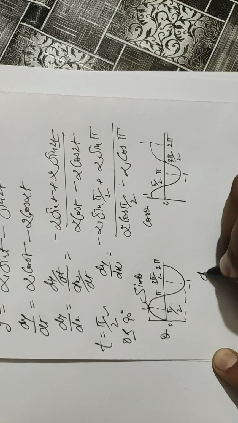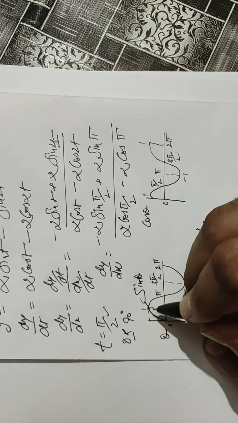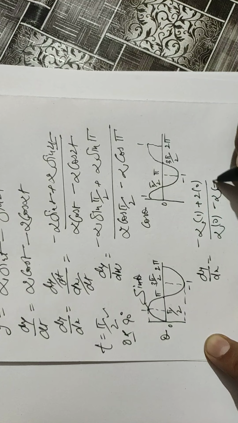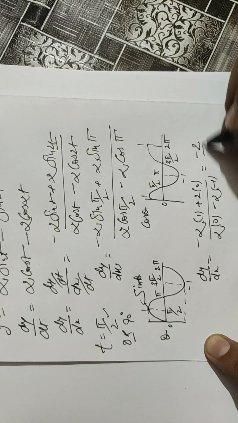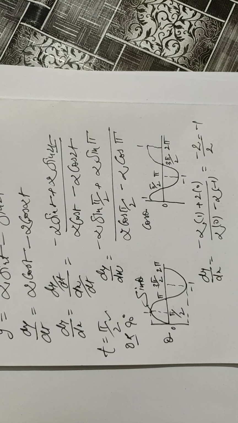So the value of dy by dx becomes minus 2 sin 90, which here is 1. Sin 180 from here is 0. 2 cos 90 from here is 0, minus 2 cos 180 from here is minus 1 level. If we simplify, the upper value is minus 2, the lower value is plus 2. So the overall answer becomes minus 1. Like this, we can learn the values of sin theta and cos theta at multiples of 90 degrees.